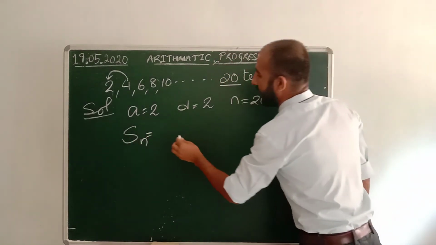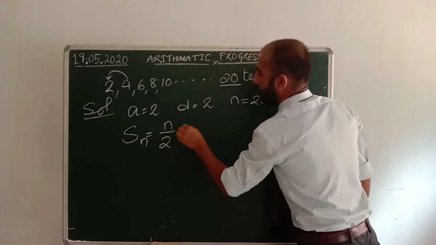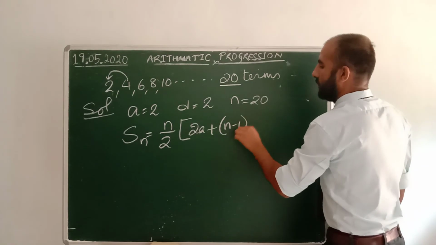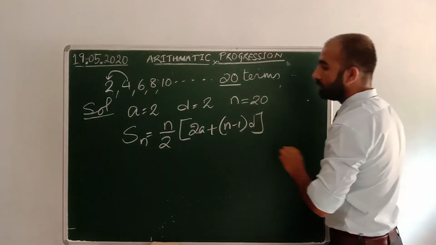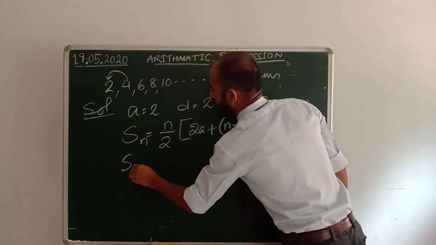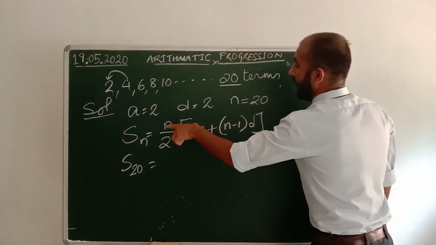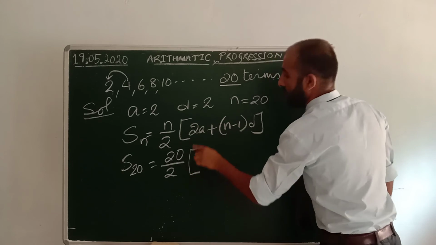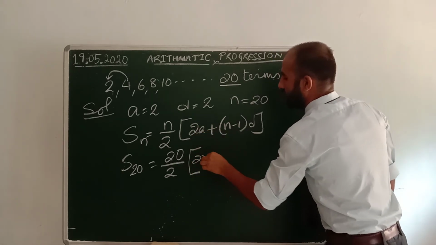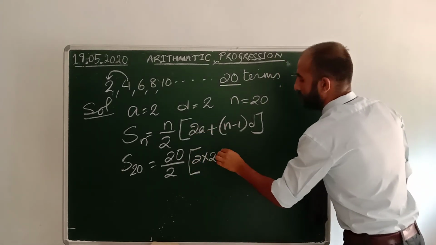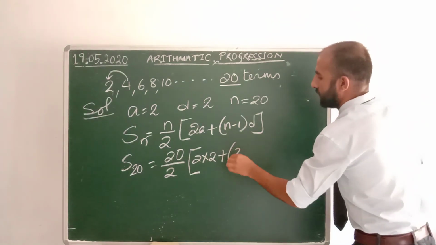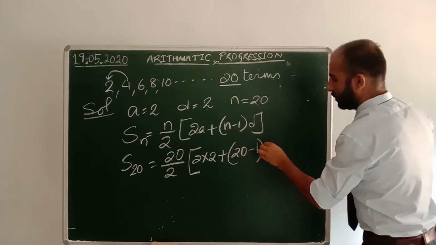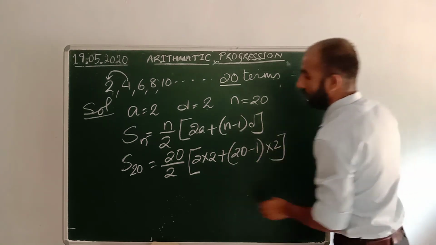Let's write the formula. Sn equals n by 2 into 2a plus n minus 1 into d. S20 equals, n here is 20, by 2, into 2a, that is 2 into 2, plus n, that is 20 minus 1, and the common difference here is also 2.